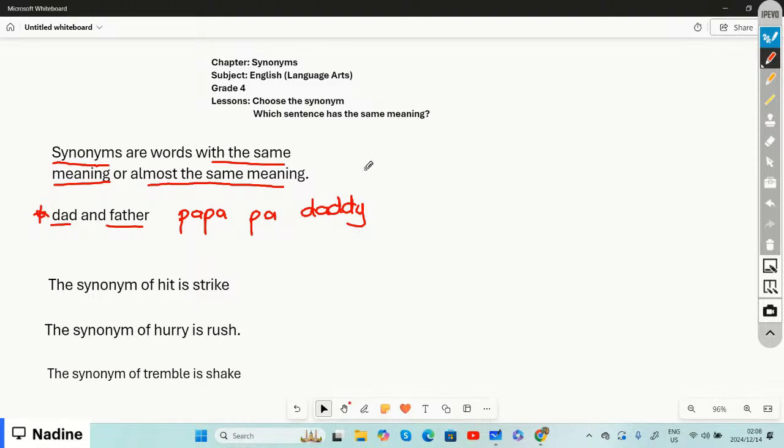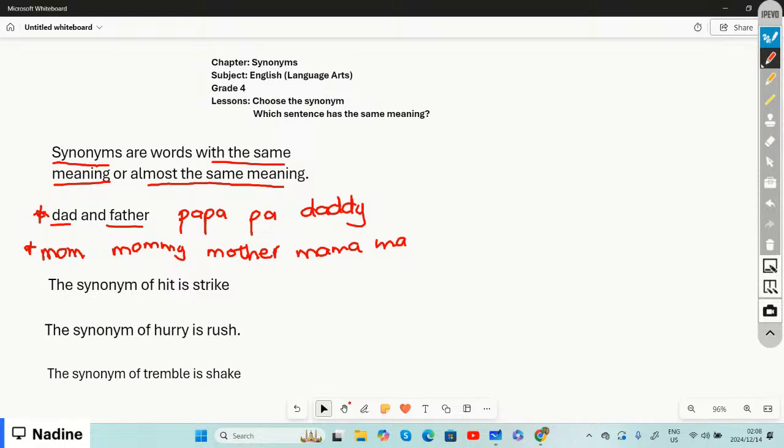Or we can even make an example of mom, mommy, mother, mama, or ma, or whatever the word is that you call your mom, right? These are different words, but the meanings of the words are the same.